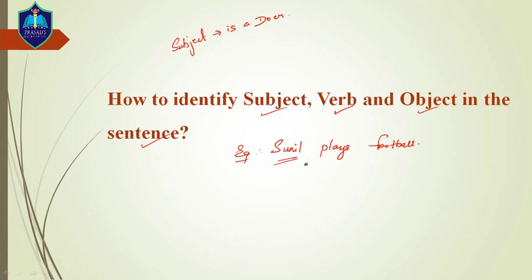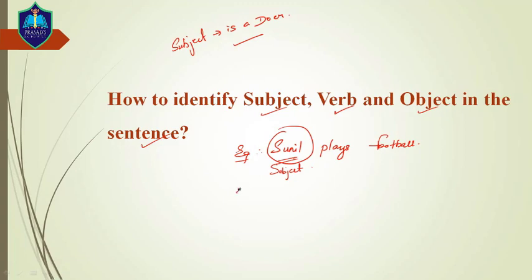So Sunil plays football. What is the subject over here? Who is the doer here? What is the meaning of the word doer? If you ask me who is the doer here, Sunil is the doer. What is he doing? He is playing. What is he playing? He is playing football. So the doer is Sunil and he is the subject. According to this definition, this example is correct.